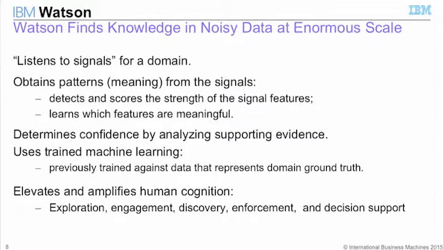So really what these kinds of systems do is they listen to signals. They extract meaning from those signals. We talk about feature analysis. They have this notion of why. Why does the system believe that something is true or false? So there's a notion of supporting evidence. And of course, these systems use various kinds of machine learning.